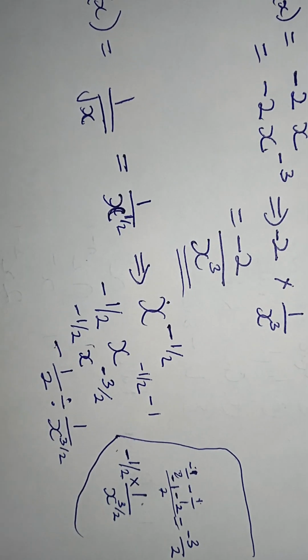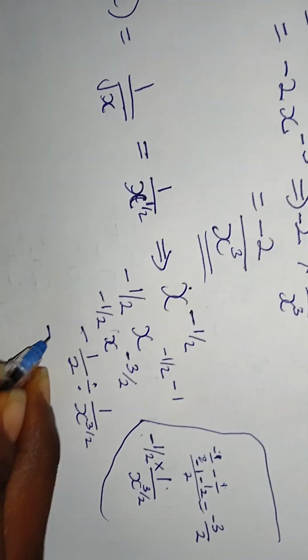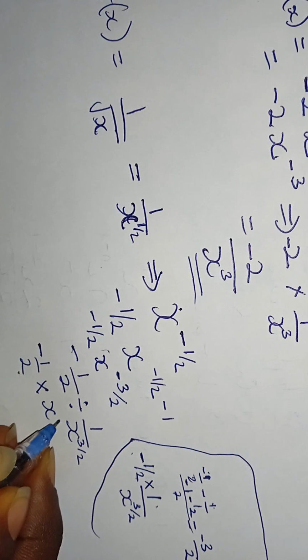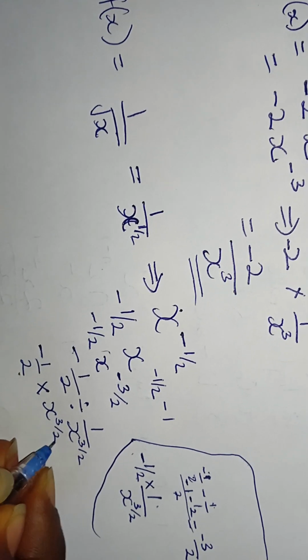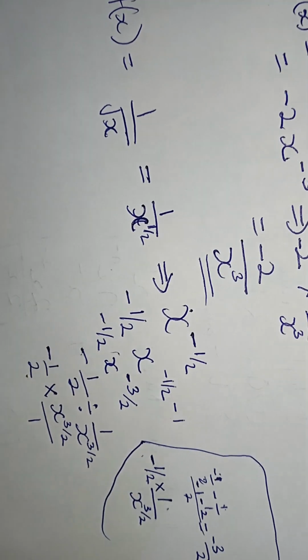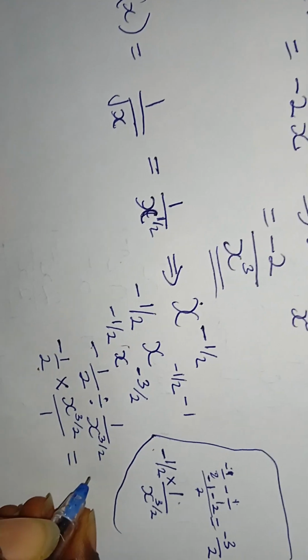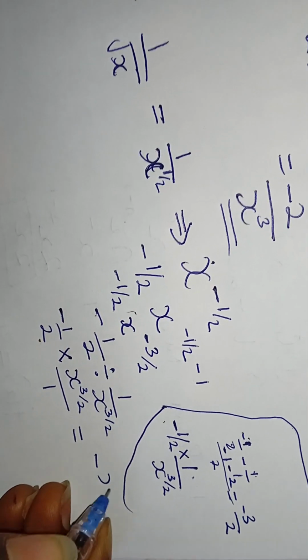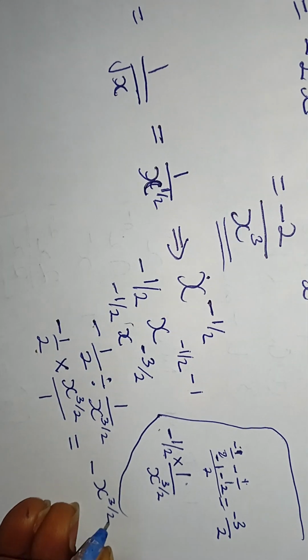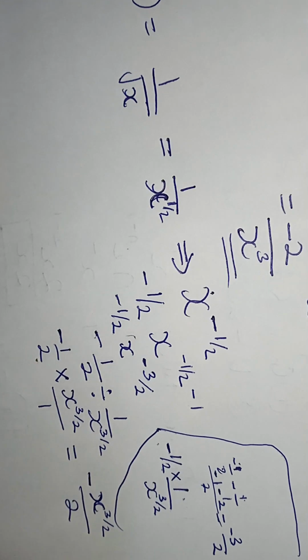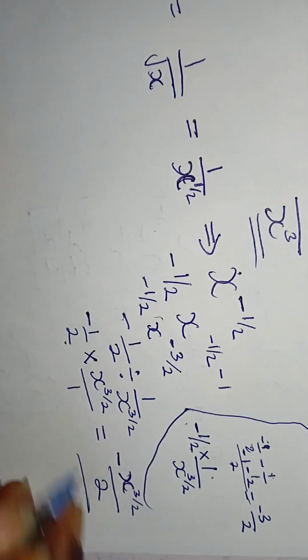So this is the same thing as minus 1 over 2 times x to the 3 over 2 all over 1. So this is saying that this is minus x to the 3 over 2 all over 2.